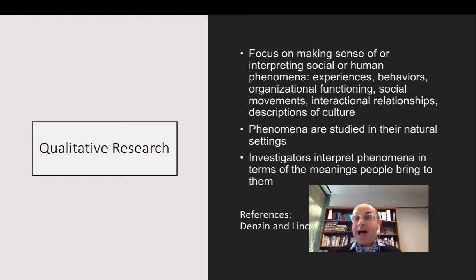I know that undergrad students usually do not talk about that, but it is the idea of focusing on making sense of the interpretation of humans and phenomena. What does it really mean? We are observing and taking notes in order to understand how people react or how people understand each other.